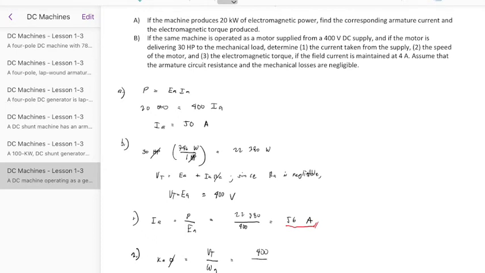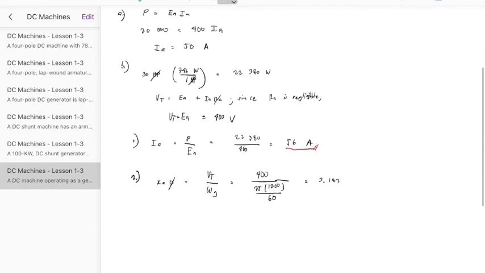So we have 400 divided by 20 times 1,200 over 60. So that is equal to 3.183. So wala lang tayo unit na ibutang for now.